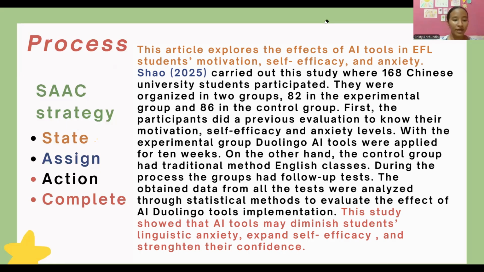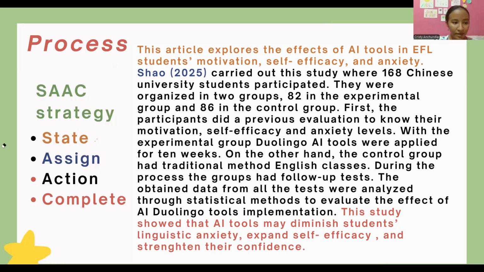First of all, we have a state. This article explores the effects of AI tools in EFL students' motivation, self-efficacy, and anxiety. As you can see, here we have the title of the article as a topic sentence. Now we have a little bit of background about the topic that we are going to talk about.